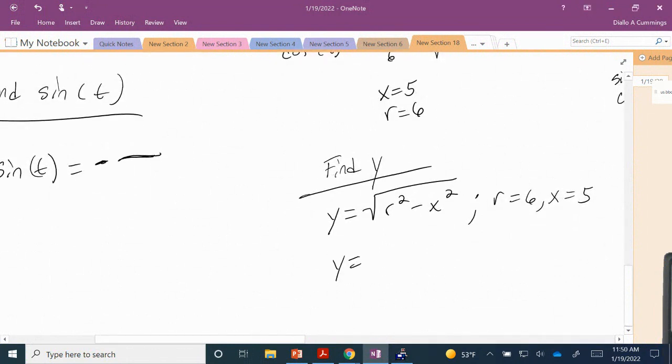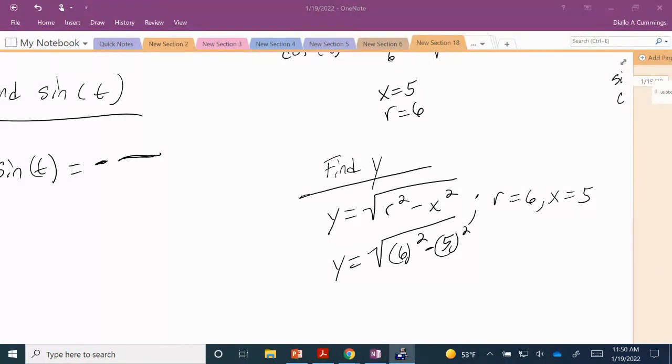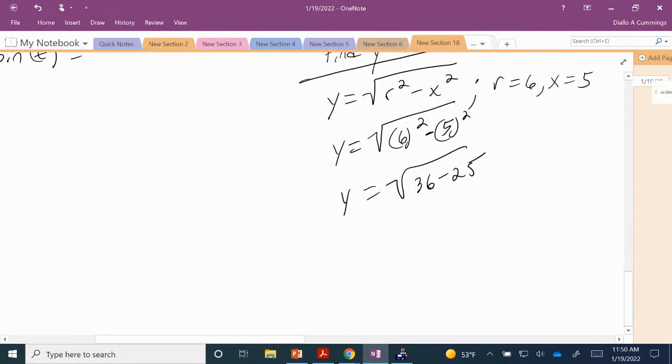So y is equal to the square root of 6 squared minus 5 squared. So 6 squared is 36. 5 squared is 25. So y is equal to the square root of 11.